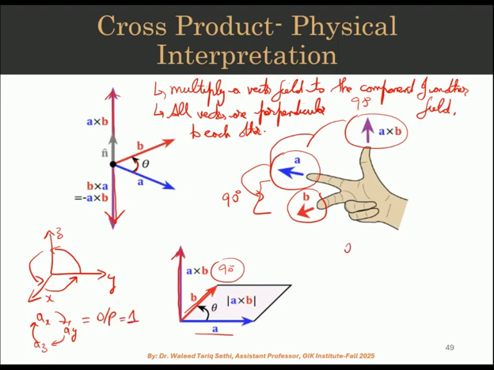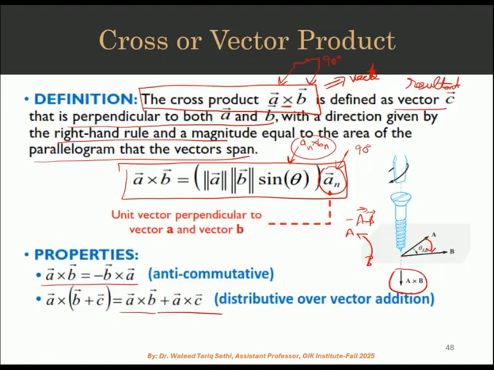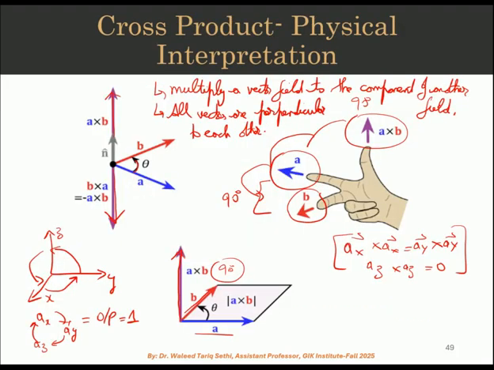But if you have the same vectors, ax cross ax, or ay cross ay, or az cross az, the output will be 0. Why? Because the equation has a sine theta, so sine 0 is 0 and sine 90 is equal to 1. So that's why if we have the same elements, the product will be 0, and if you have different values, the output will be a certain value. It is not going to be 1, but it will be the next value.